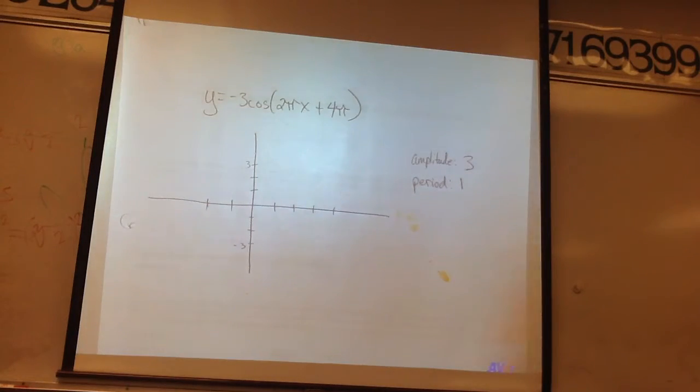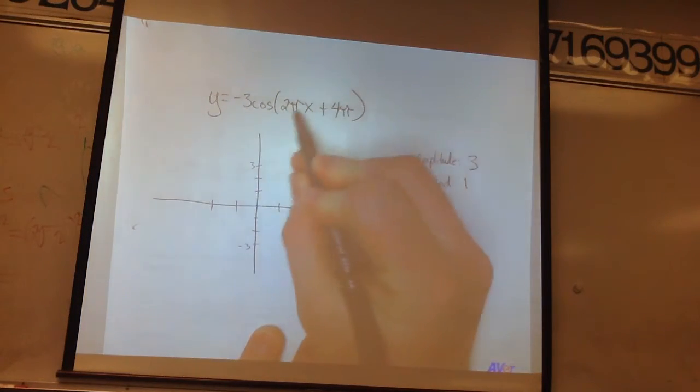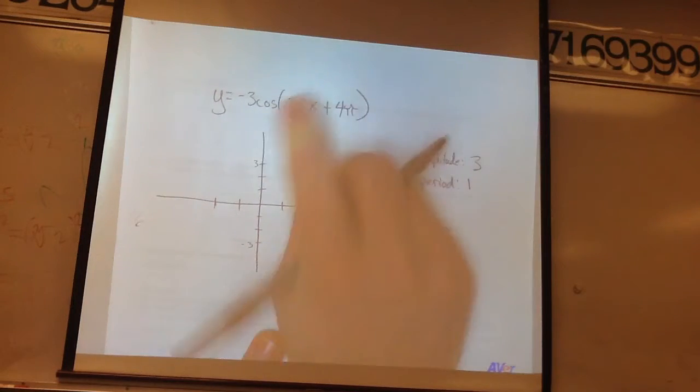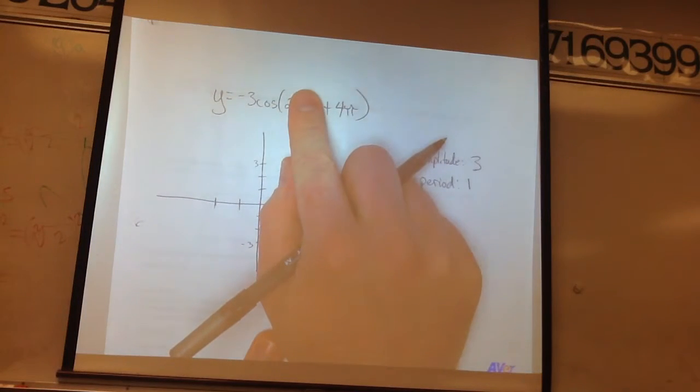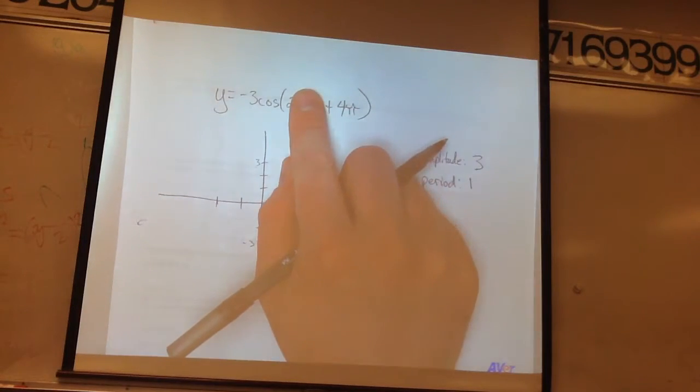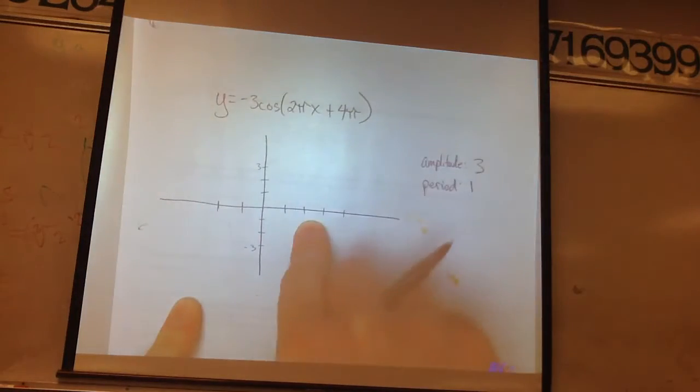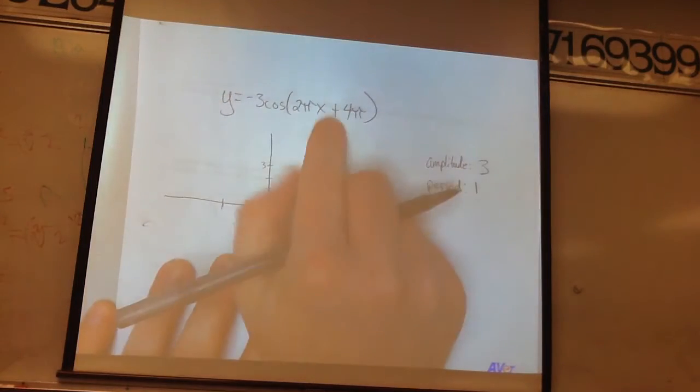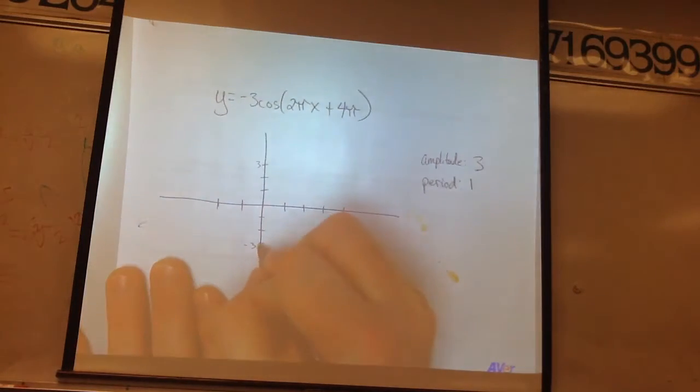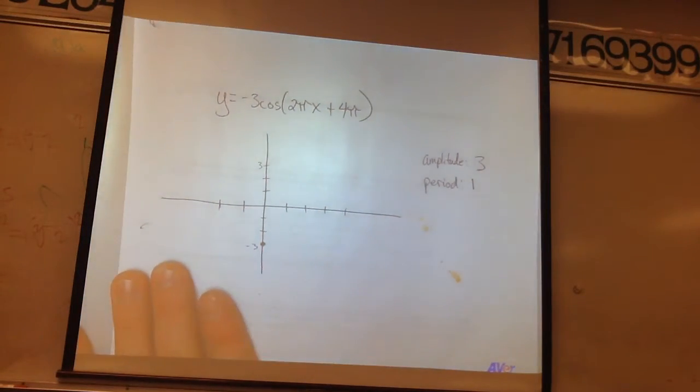Cosine of 4 pi is 1. That's 2 times around the circle, which is still just 1. So 1 times -3, it's going to start down here at -3.